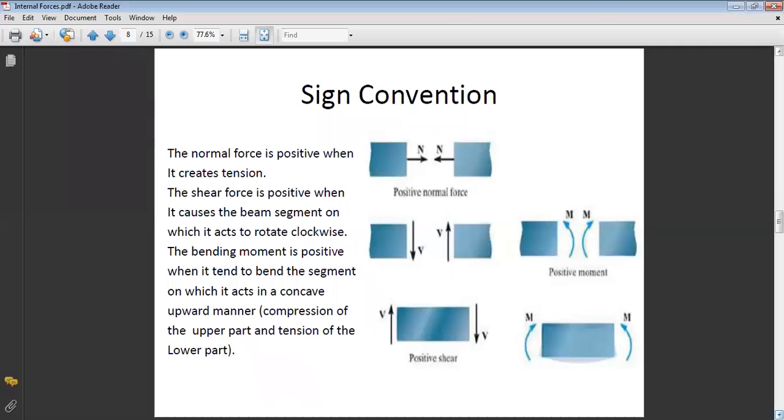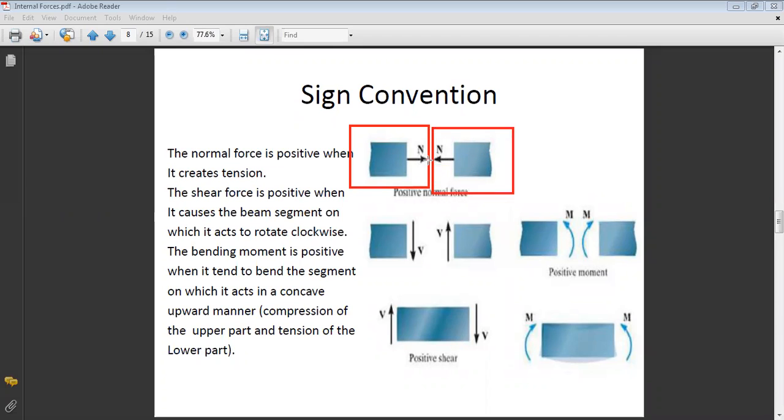So here, if you want, in this slide, we are repeating the sign convention in 2 dimensions. Okay. So as you can see, the normal is always positive in a way to create tension. So when you take the left part, N will be directed towards the right. And when you take the right part, N will be directed towards the left.